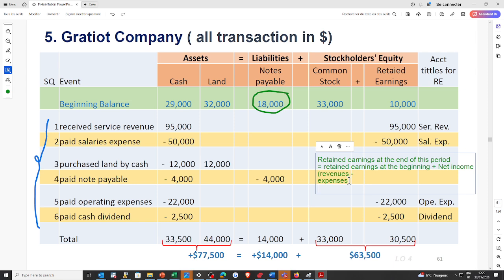So now you can have 10,000 plus all of the revenue 95,000 minus the expense. Sorry, here we have a dividend. Let me correct again, and here we have minus the dividend also.